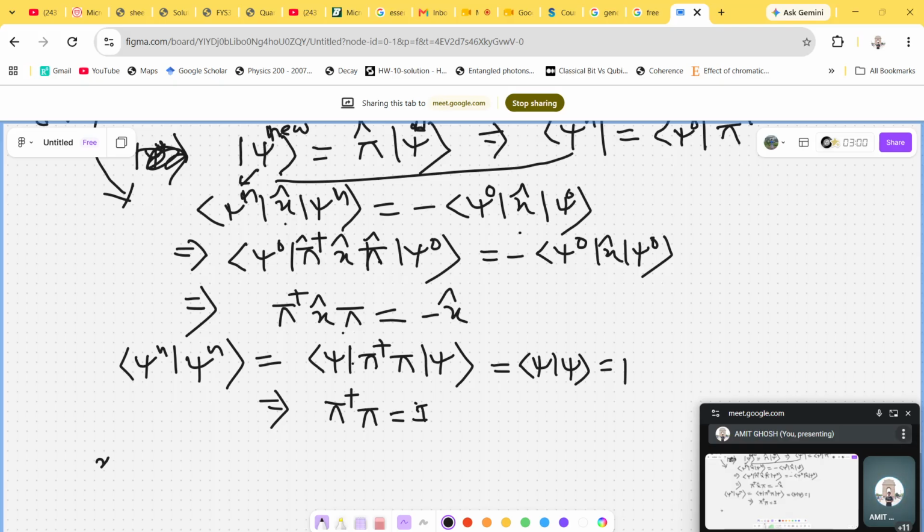Now you can check the x̂. Suppose the position operator x̂, and you apply it on Π̂|x⟩. What will happen?